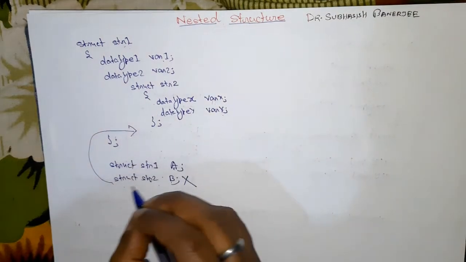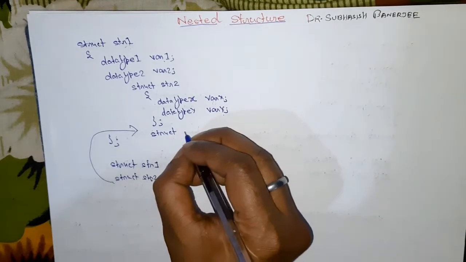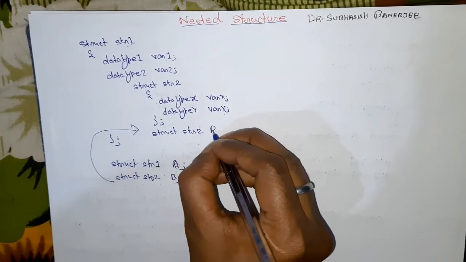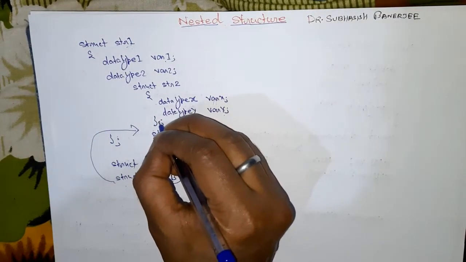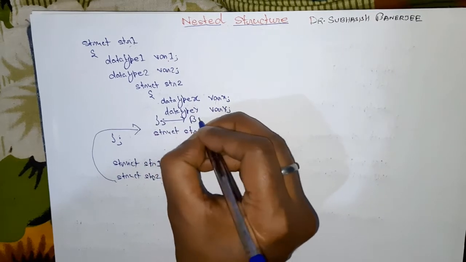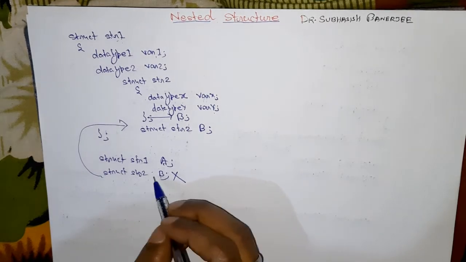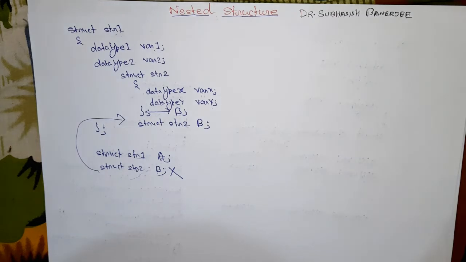Either you may define it like this, or if you wish, you may define the instances here also. The choice is yours, but you cannot declare outside. Is this clear? This is the nested structure, and this is the basic syntax that we can use. Take an example, then perhaps it will be much clearer to you.